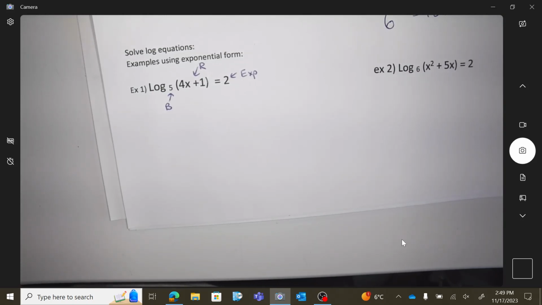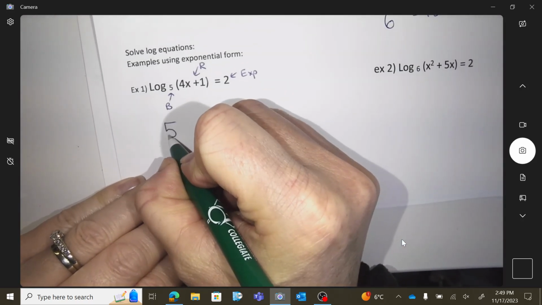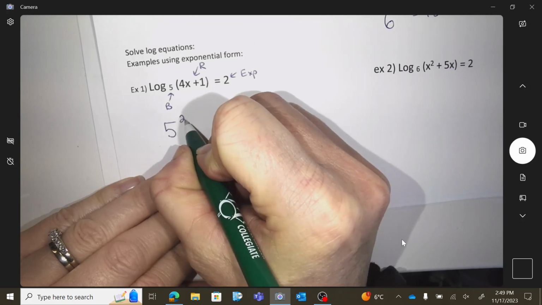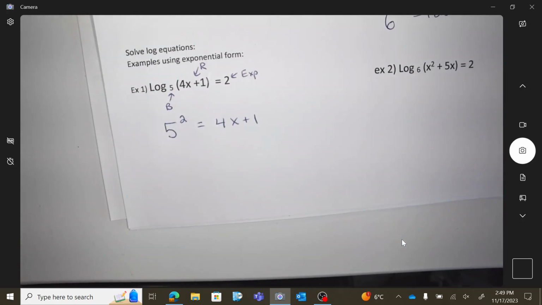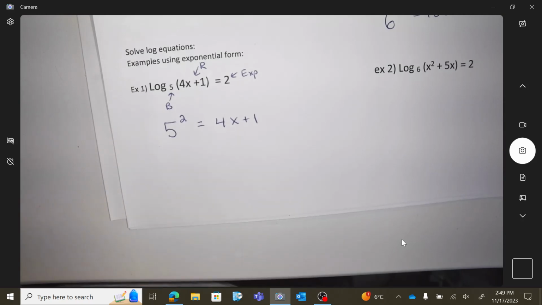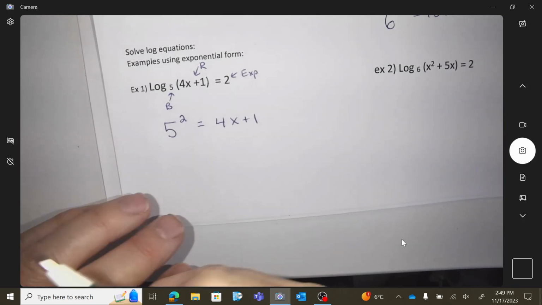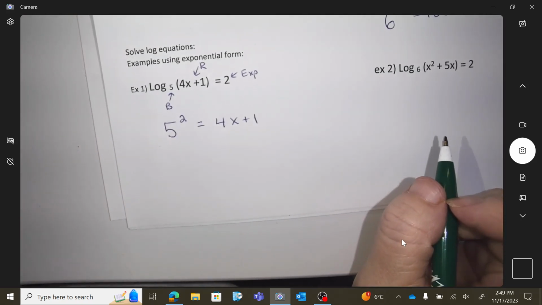So 5 base squared equals result. Does that make sense? Base 5 squared equals result. See, I just moved it all around. You can solve that, super simple algebra. Just isolate the x there.